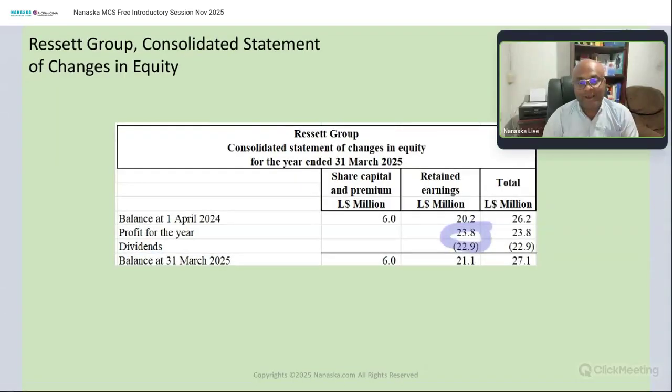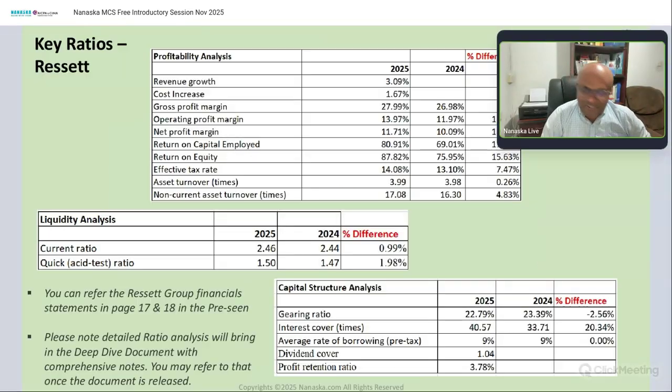Out of profit, what percentage was paid out as dividends? As you know, my company's seems to be very high. So there is some ratio analysis here. We can go through it next week in detail, but it'll be fun for you to note our profit retention ratio is only 3.78.